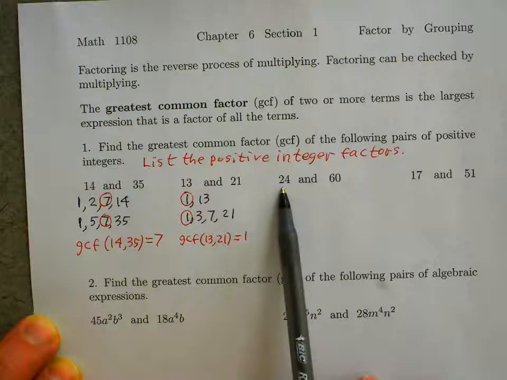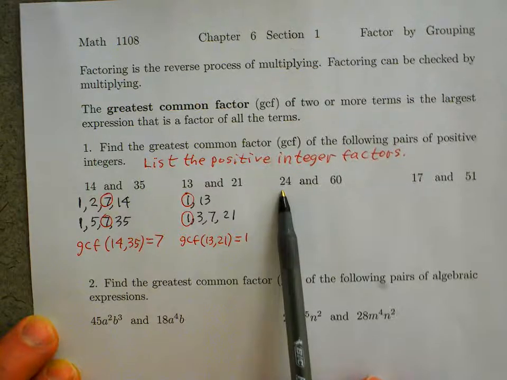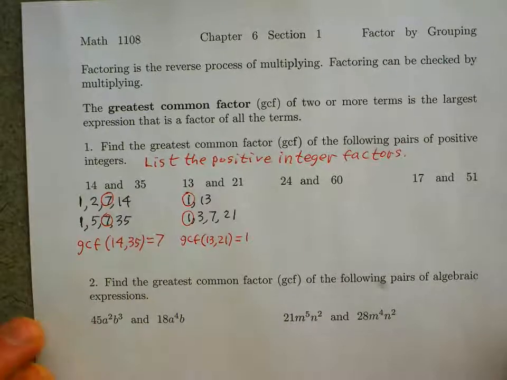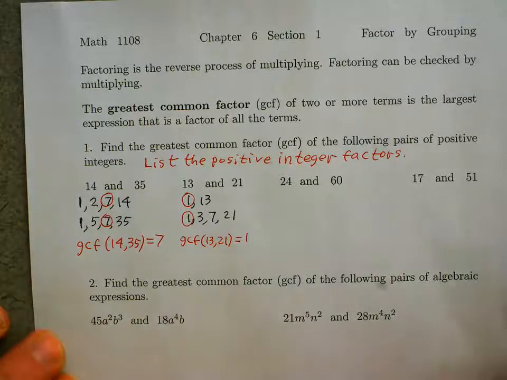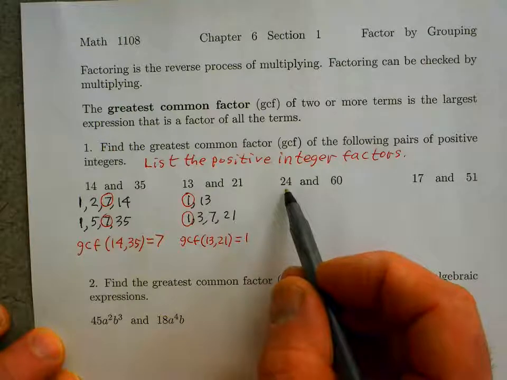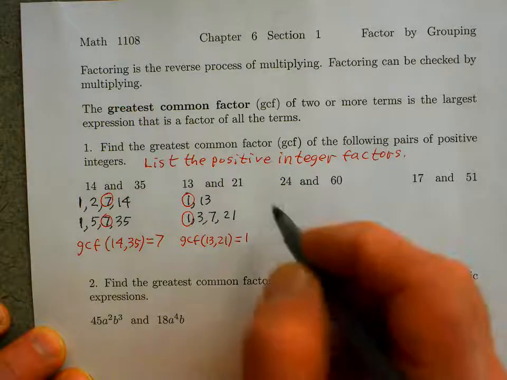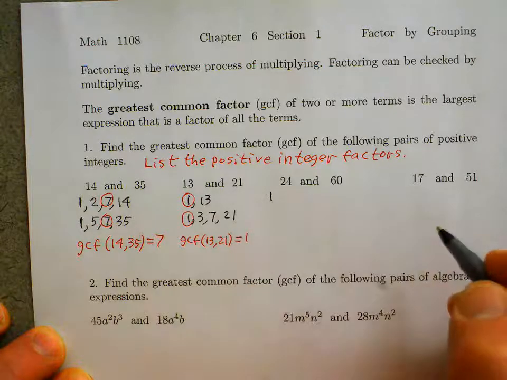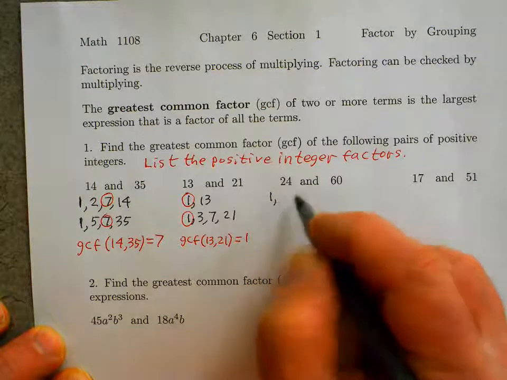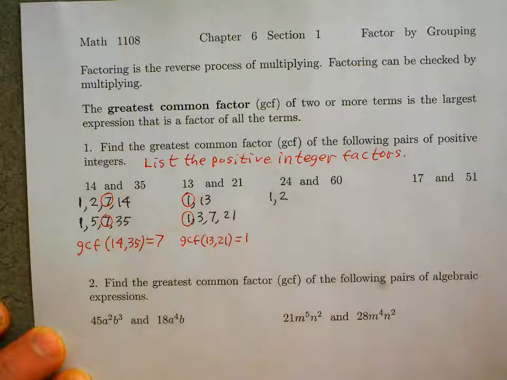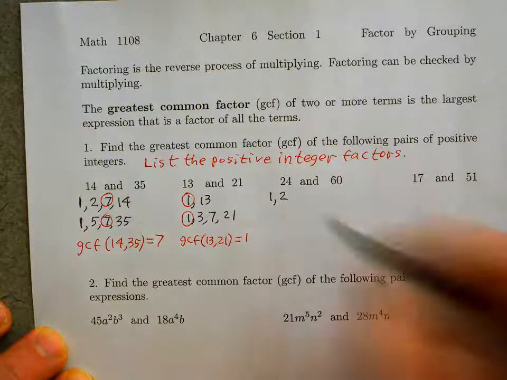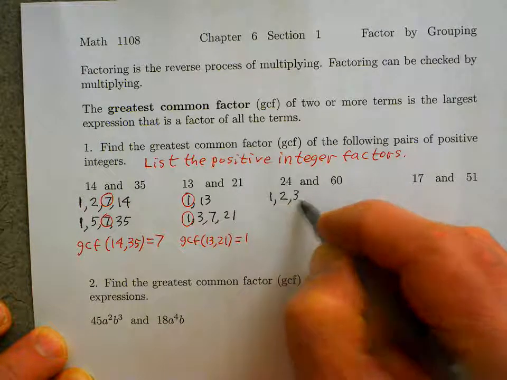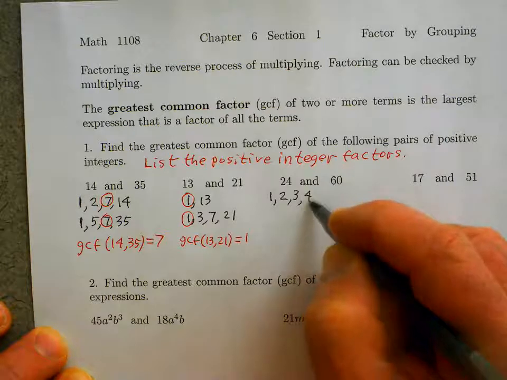Okay, let's list the positive integer factors of 24, and then after that, 60. So 24 has quite a few positive integer factors. 1 is a factor because 1 times 24. 2 is a factor. 2 times 12 is 24. 3 times 8, so 3 is a factor. 4 times 6.